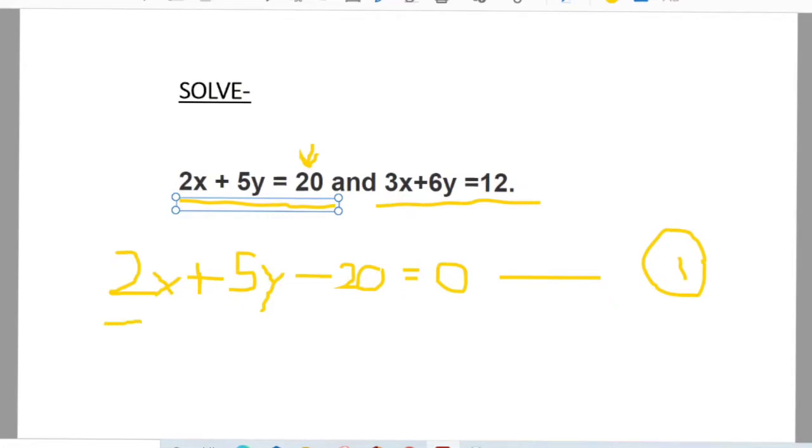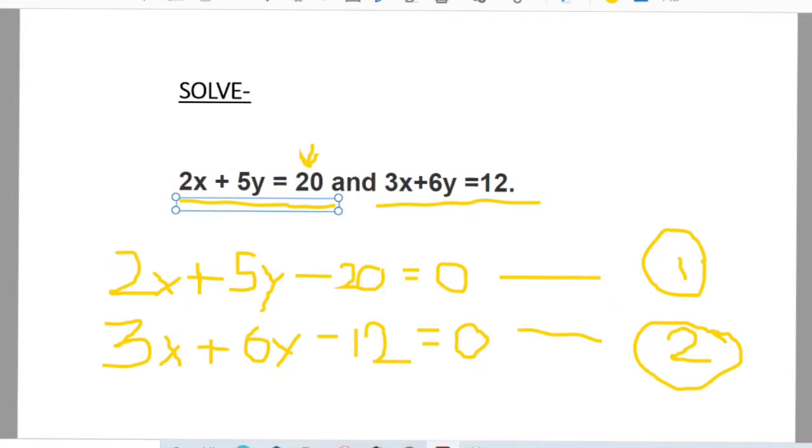Similarly, the second equation will be 3x plus 6y minus 12, which is equivalent to 0. This is going to be the second equation.